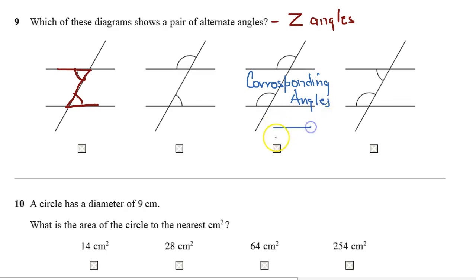There are 4 types of corresponding angles. One is this, second is this, third is this, and the fourth one is this.